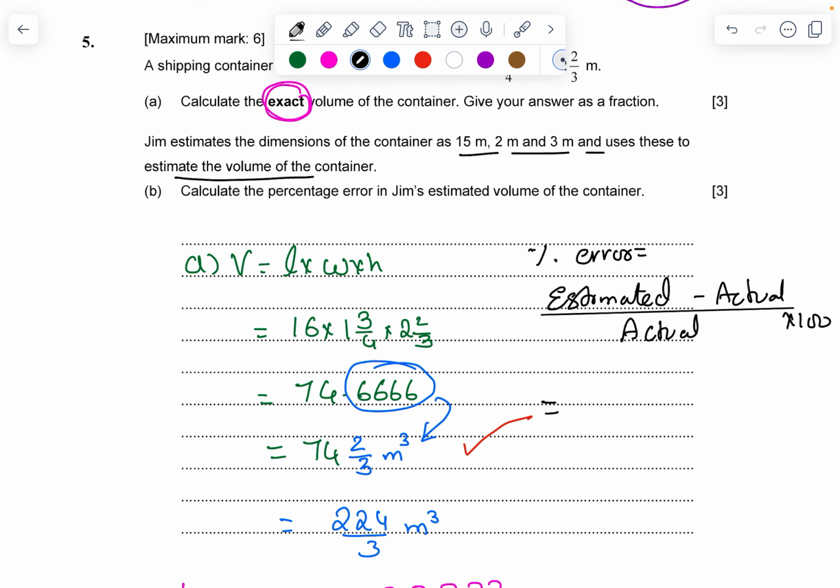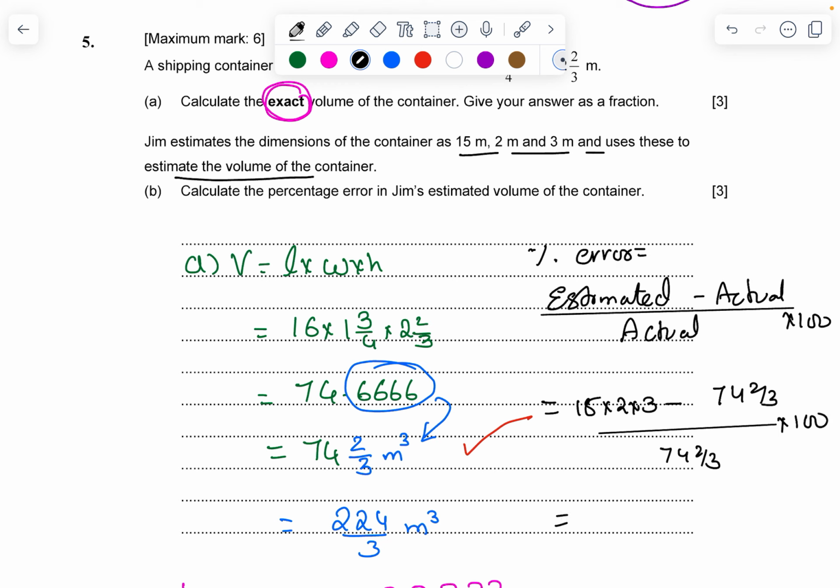So estimated value was 15 times 2 times 3 minus the actual value, which is just now what we got, 74 2 upon 3, divided by the actual value, again 74 2 upon 3, times 100.